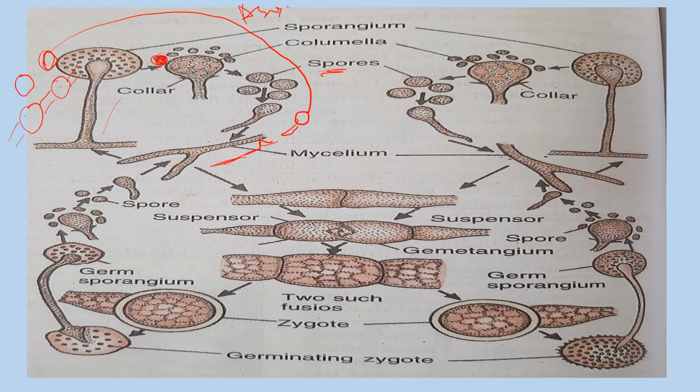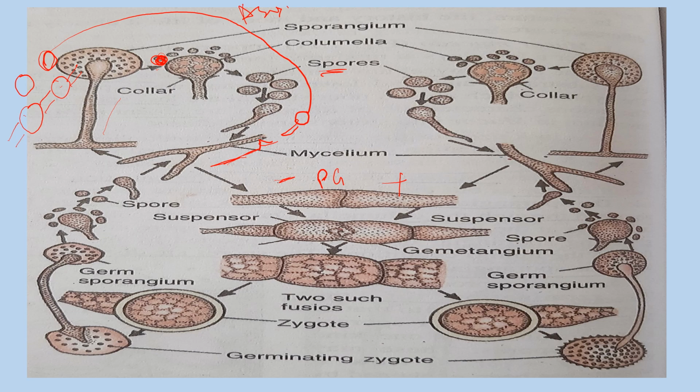And then we have sexual reproduction, where opposite strains, say negative and positive strain, the two mycelia, come in close contact, trisporic acid is liberated, and they produce progametangia. This is the progametangia that I'm writing as PG.